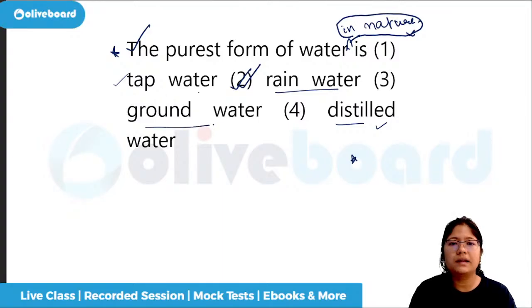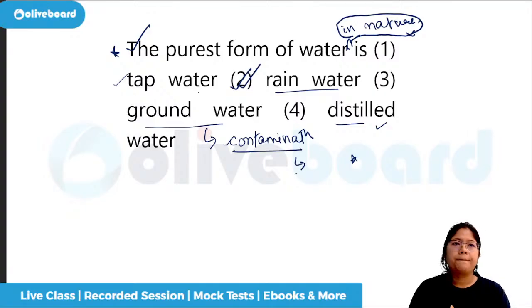Not tap water. And groundwater, we know that forget about being the purest. In the case of contamination with various pollutants or various arsenic and fluorides, sometimes if they are increased to a certain level, there can be various diseases.